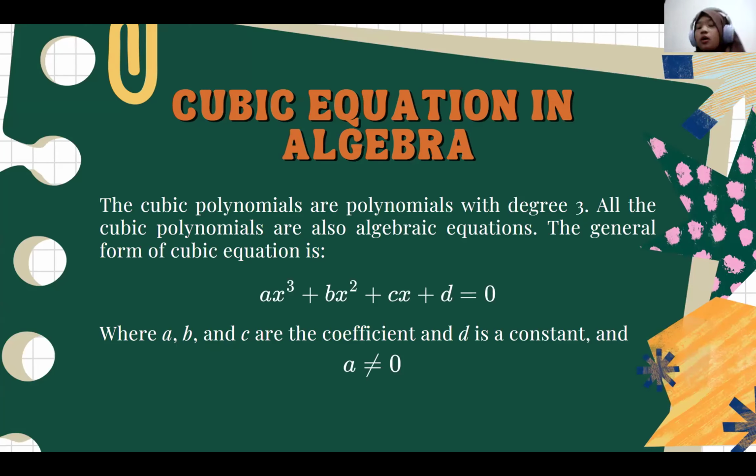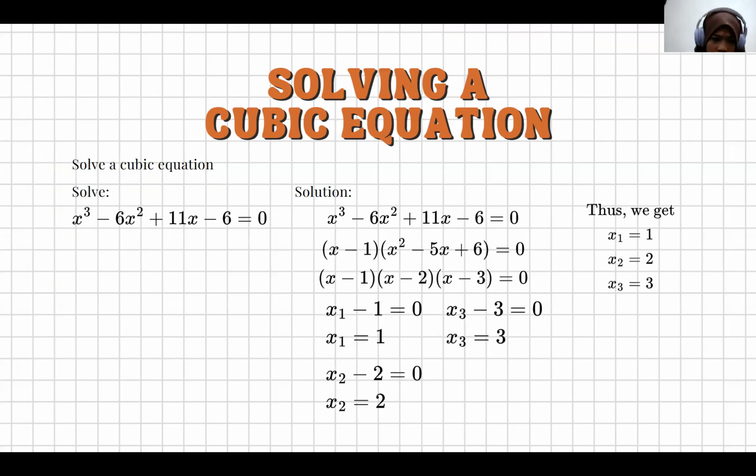Okay, this is solving a cubic equation. We have to solve this problem, which is x cubed minus 6x squared plus 11x minus 6 is equal to 0. For the solution, we have to factorize this equation first.